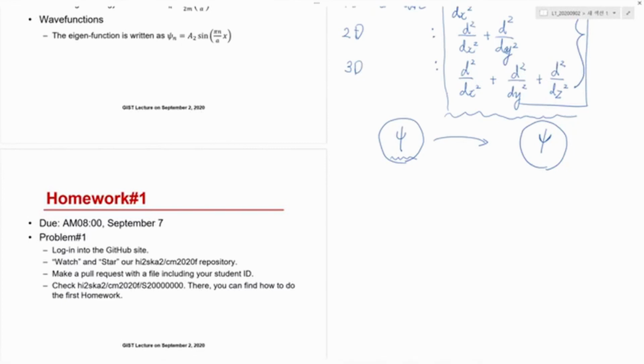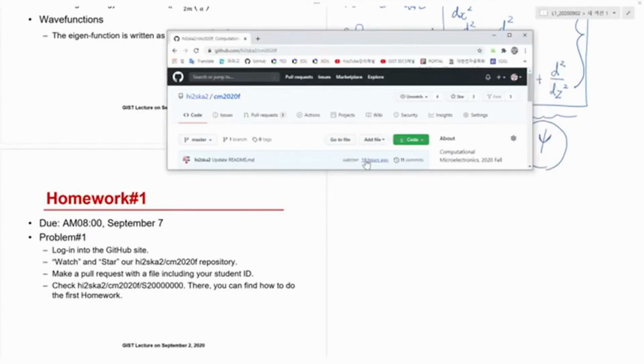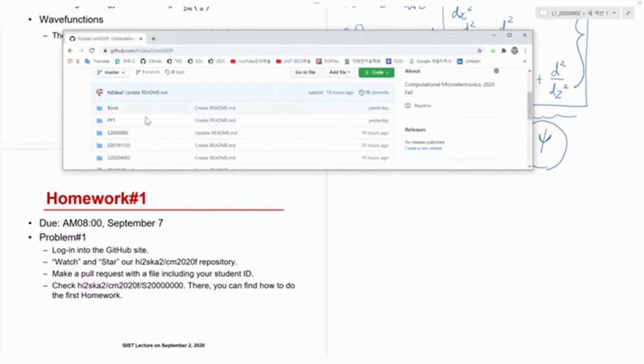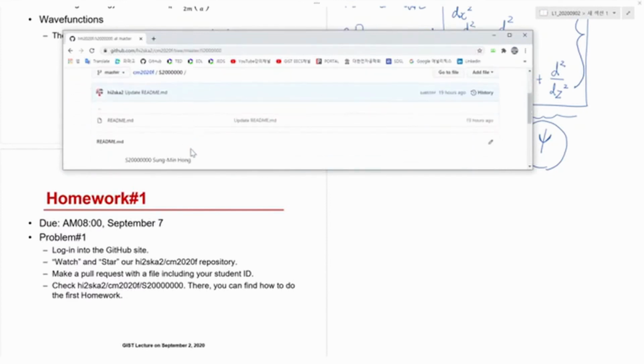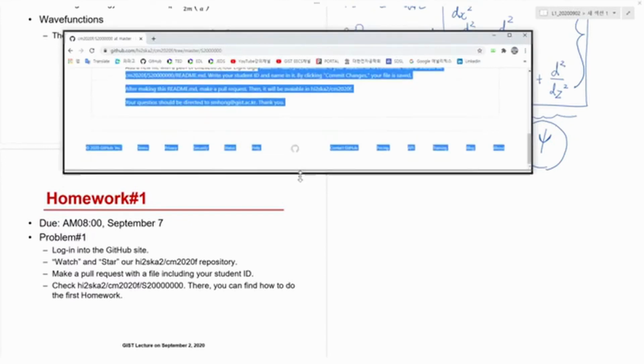So how about this? GitHub. Our goal is to make certain folders like S and your student ID. How can you do that? I will just explain it. In order to see how to do that, please read my readme file in the example folder.